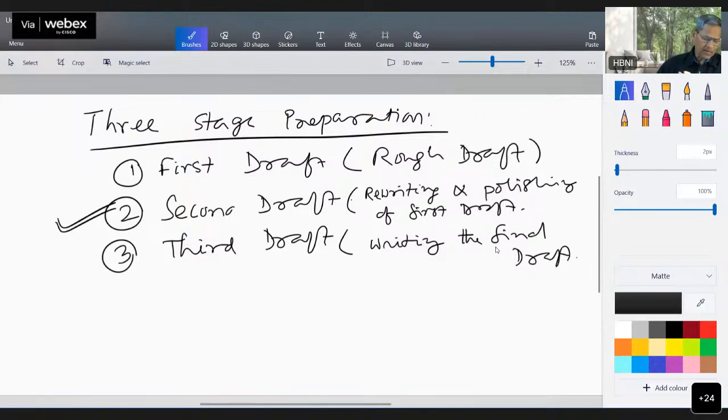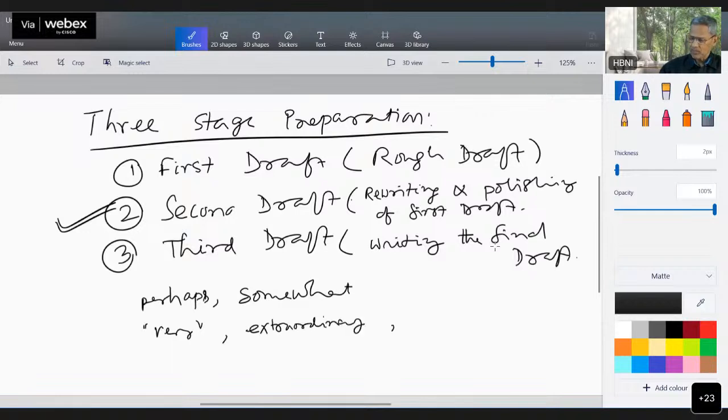Indecisive words such as perhaps, somewhat, rather should not be used. You should avoid these words. Also avoid words that are used repeatedly, like very, extraordinary, invariably.